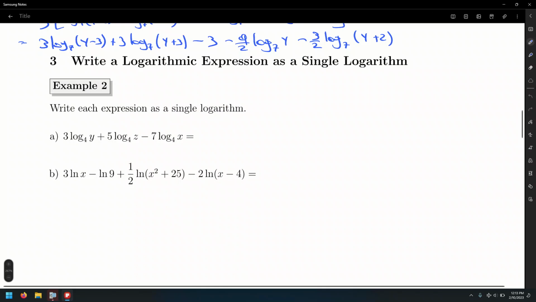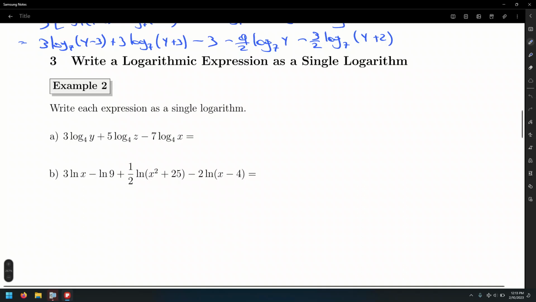If we have a sum of two logarithms, we will write it as one single logarithm, and the argument will be comprised of a product. If we have a difference of logarithms, we write it as a single logarithm, but in this case the argument will be comprised of a quotient between the two arguments.